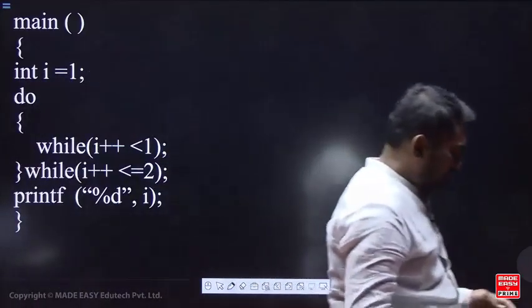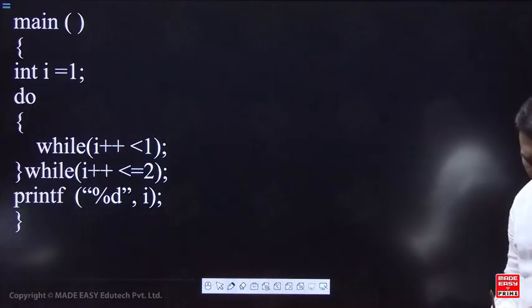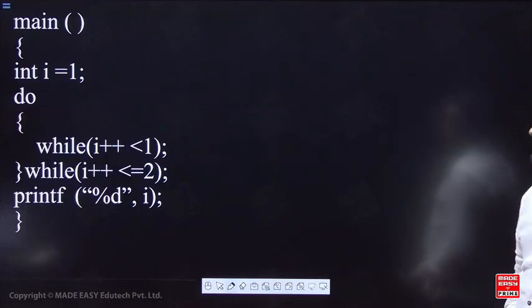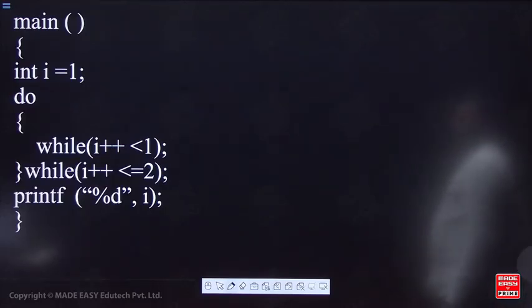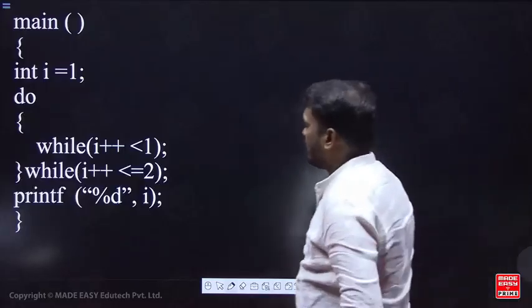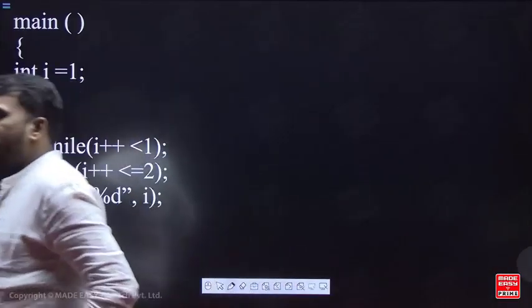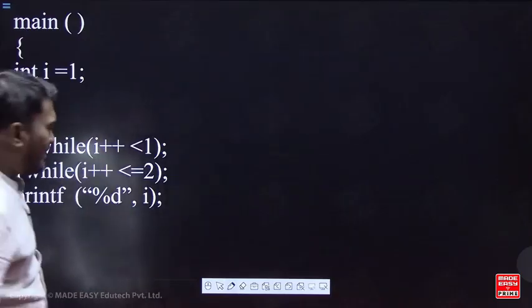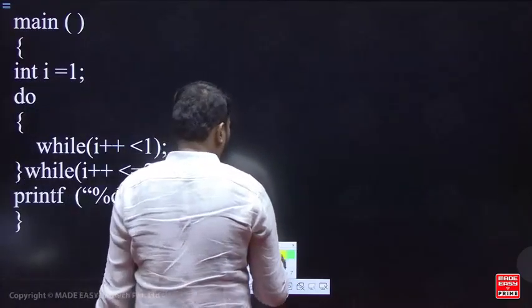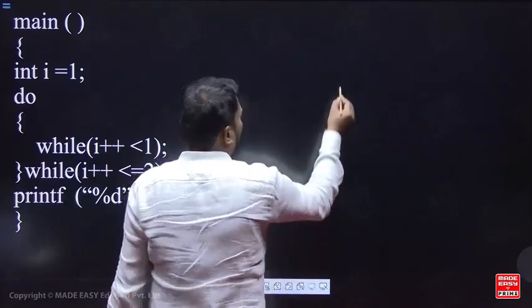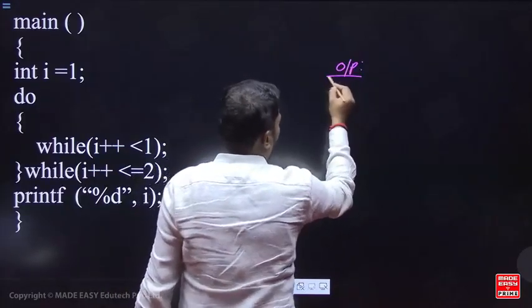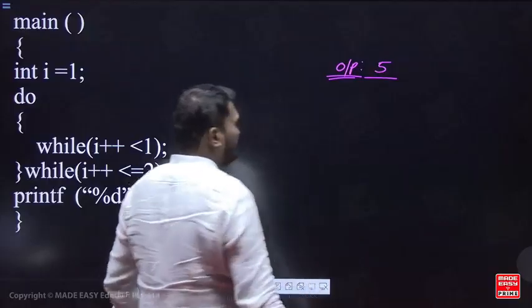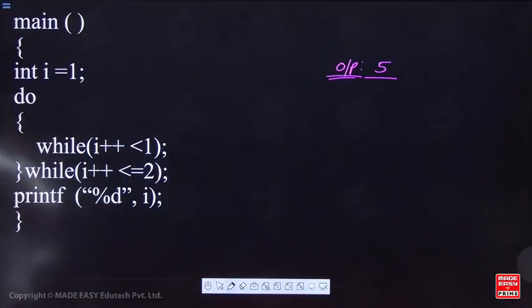Time up, guys. Many people are giving the right answer and many people are giving wrong answer. Mostly wrong answers are coming, almost 70%. I really don't understand where you are making the mistake. So the right answer is, it will print 5.